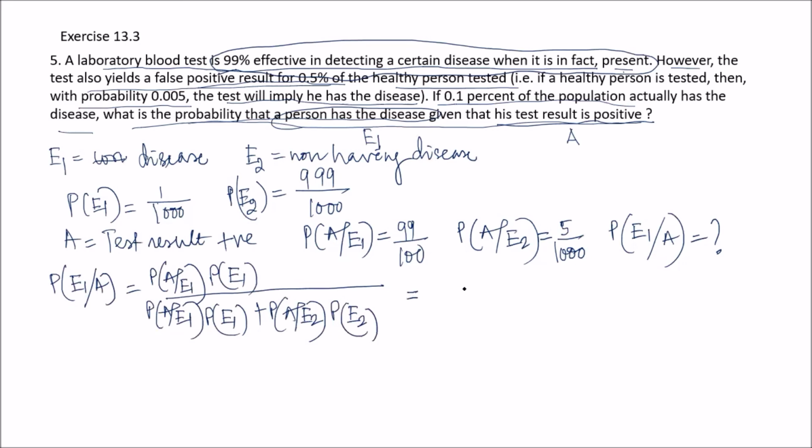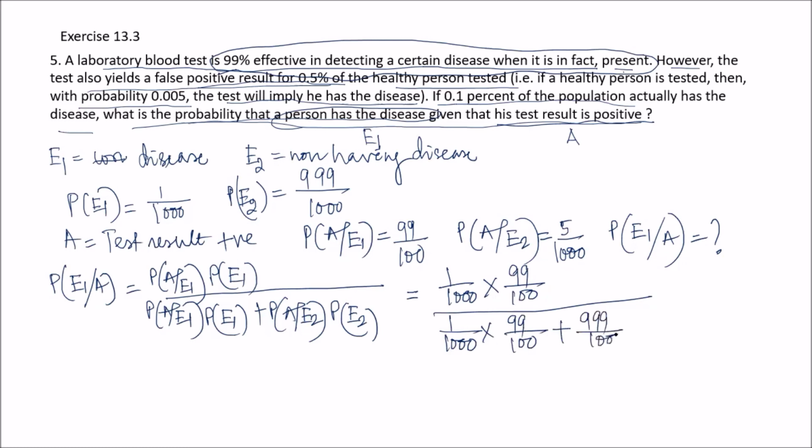So how much is the result? 1 by 1000 multiplied by 99 by 100 upon 1 by 1000 into 99 by 100 plus 999 by 1000 into 5 by 1000.